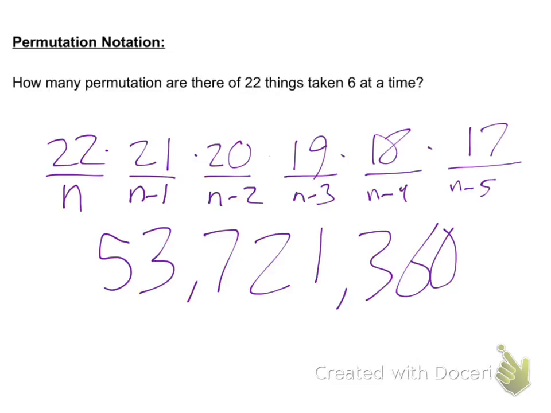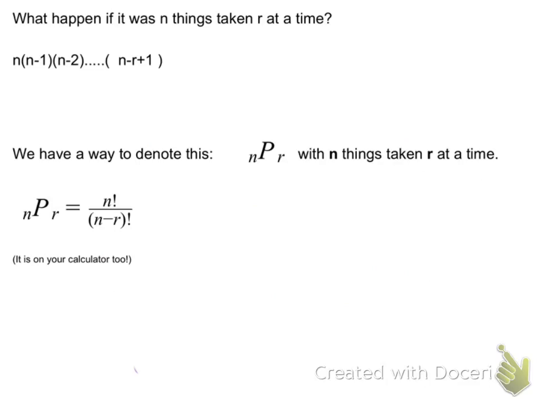Then you start your numbering. That's why here we have n minus r plus 1. I'm not too hung up on that. What I do want you to understand is this thing.